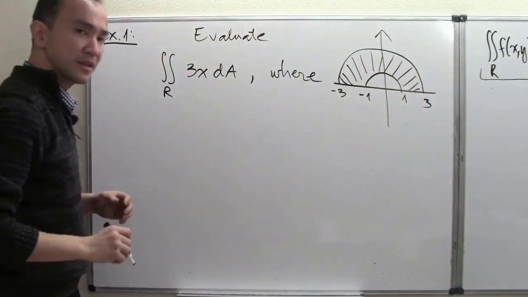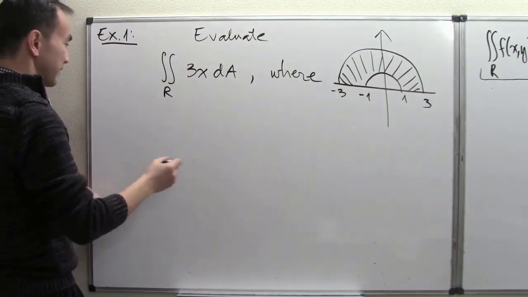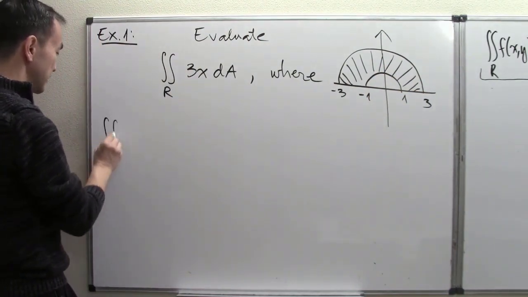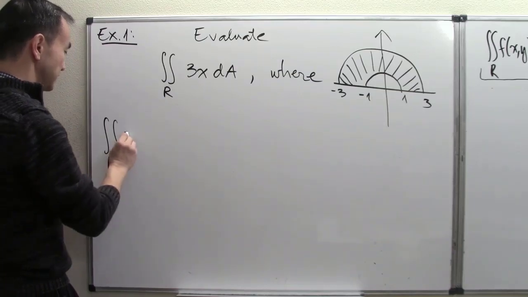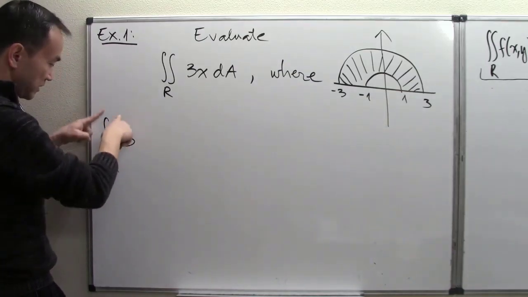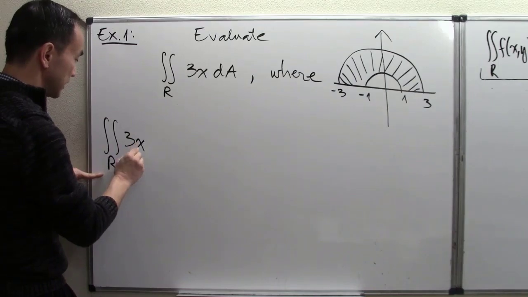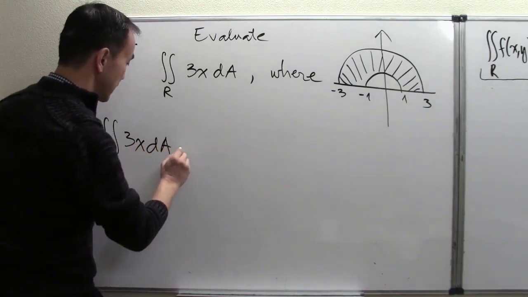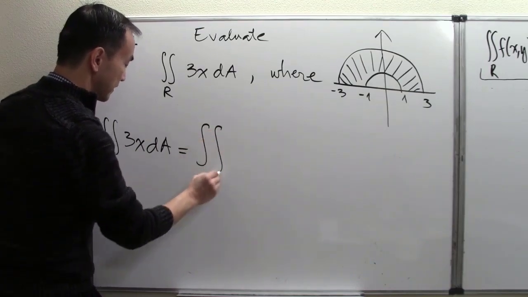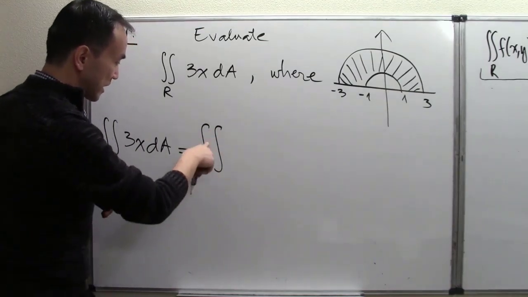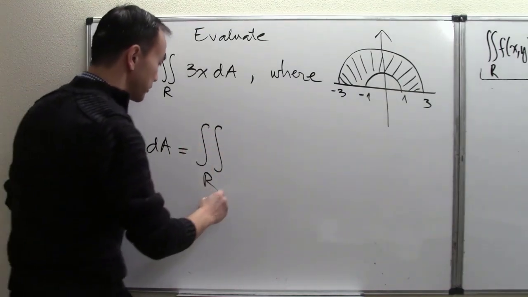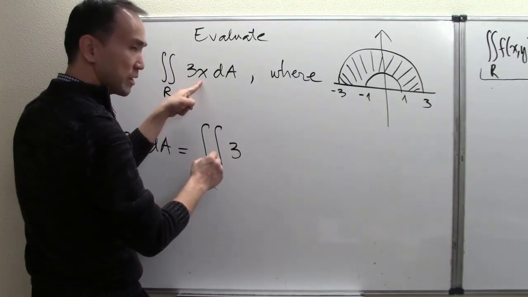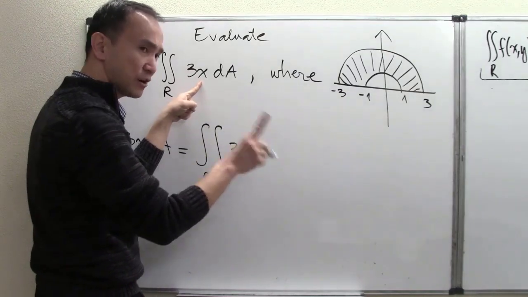All right, so now that means using polar coordinates, I'm seeing the following. The double integral over this region R of the function 3x with respect to dA is the same as the double integral over the region where you're looking at 3 times, so now x is substituted by r cosine theta.